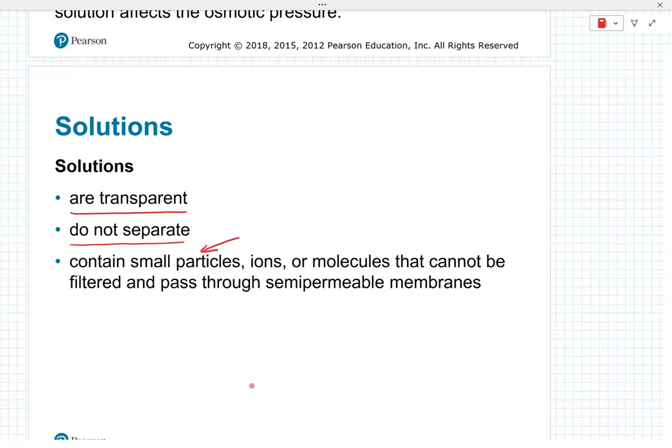It contains small particles, pretty much molecules, so you cannot really filter. With that being said, there is reverse osmosis, which in some way can be considered a super fine filtration, and we're going to get back to this, okay?